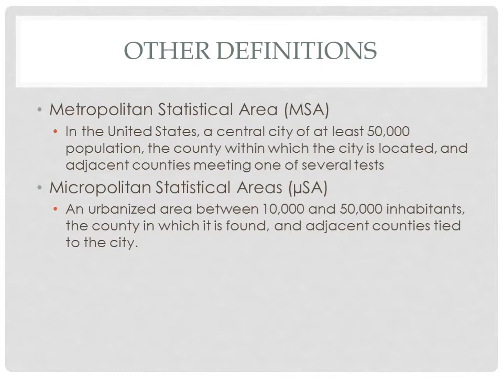And that is, in the United States, a central city of at least 50,000 people, the county within which that city is located, and any adjacent counties meeting one of several tests. Typically those tests are social integration and economic integration, which could be measured by how many people commute to work in that city.